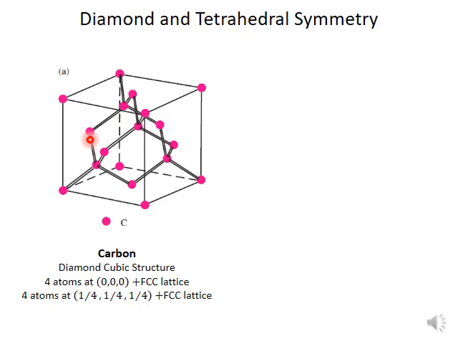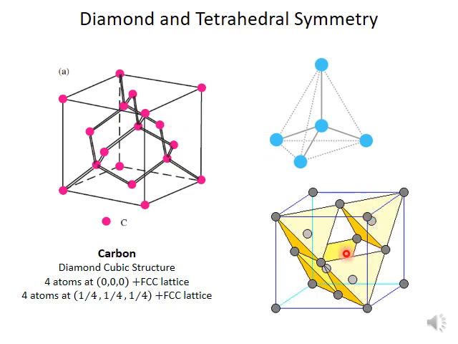So one carbon atom is bonded to four other carbon atoms, and this forms a kind of tetrahedral-like structure. So you have one carbon atom connected with four other carbon atoms because of this valency of four. You can look at a diamond crystal as consisting of an arrangement of tetrahedra as well. From a symmetry point of view, if you want to describe such a crystal, it has a tetrahedral-like symmetry.